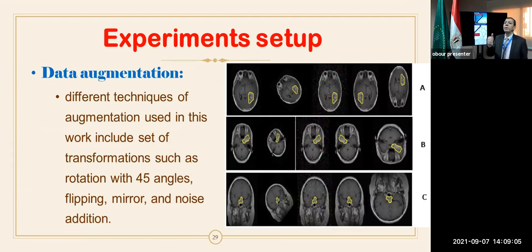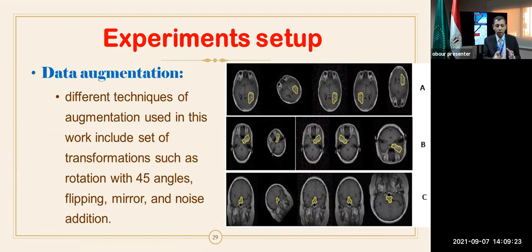The problem of deep learning is that it needs a huge amount of data to have good and high accuracy. In general, our data is limited.